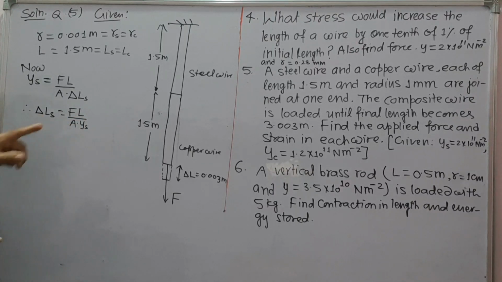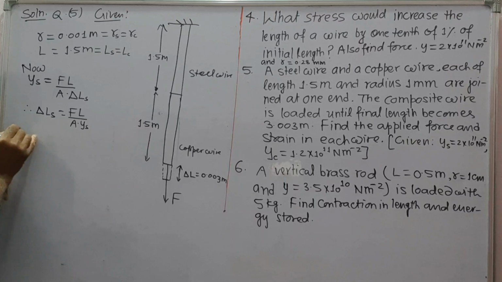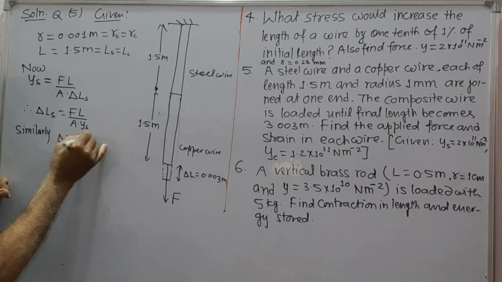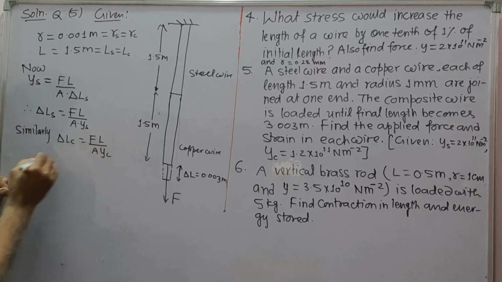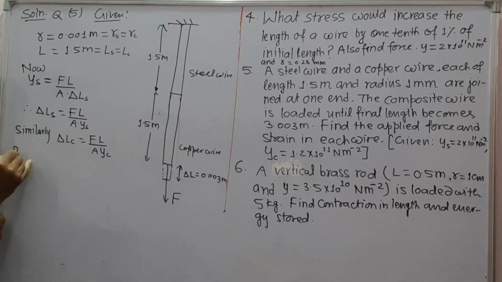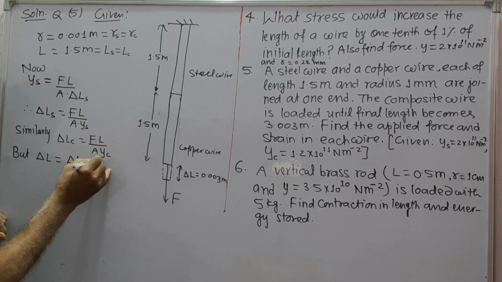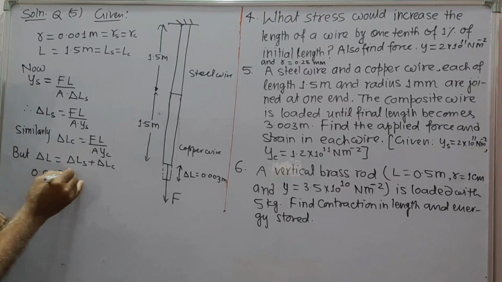Here, initial length of each wire, applied force and cross section area are same for both cases. Similarly, delta L of copper will be equal to F L upon A into Y of copper, but total change in length is equal to sum of these two. So delta L of steel plus delta L of copper, this is 0.003.